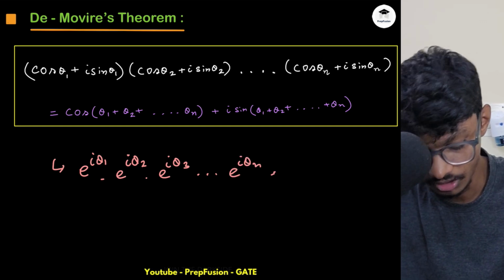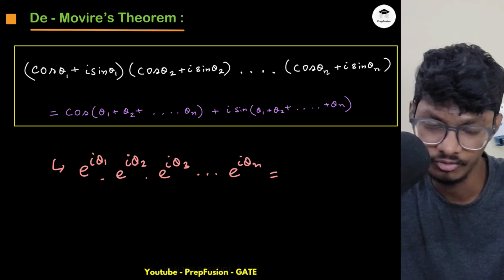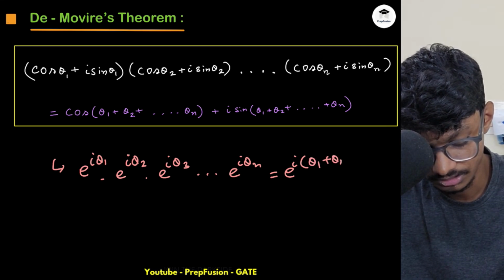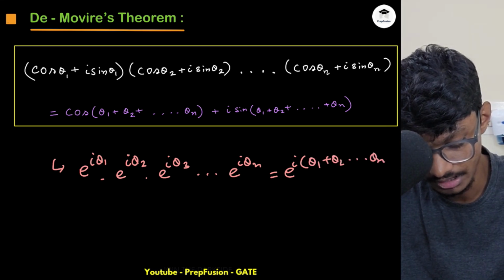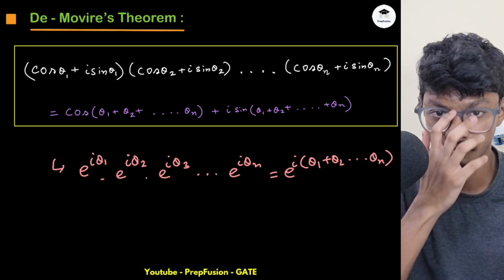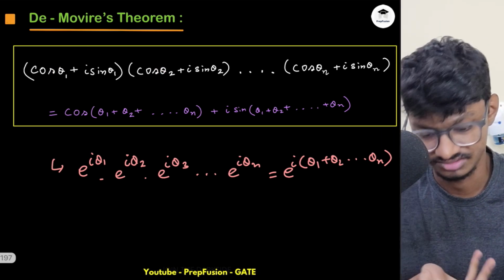As it is getting multiplied, powers will get added. As I'm able to convert it into exponential format, it will be e raised to power i times theta 1 plus theta 2 up to theta n. So that is how de Moivre's theorem will look if I'm multiplying different angles. Simple proof only.